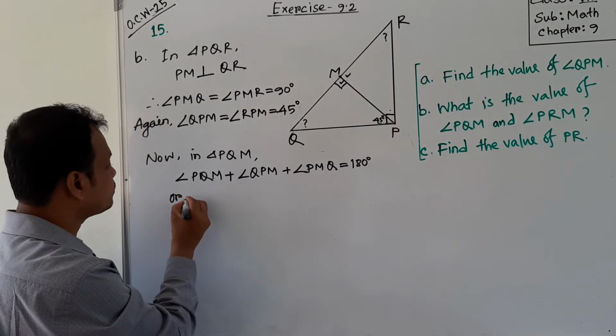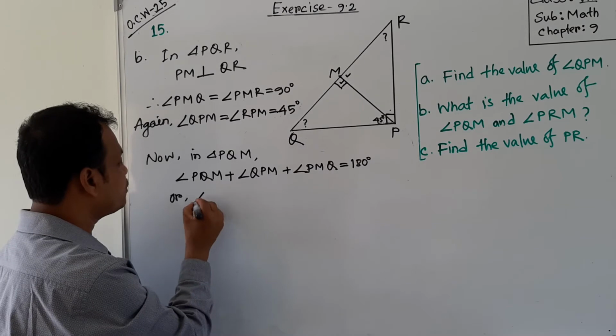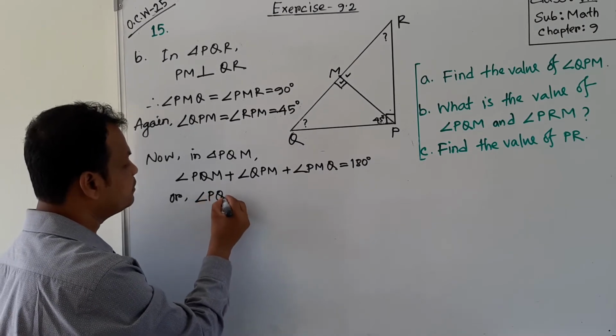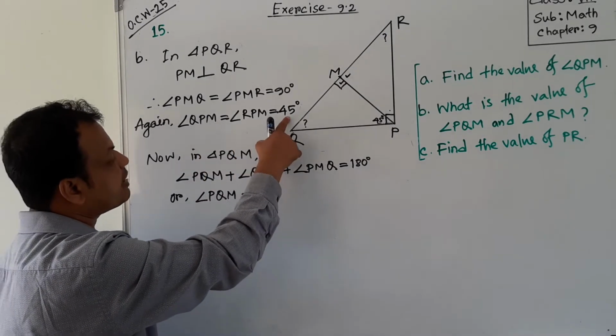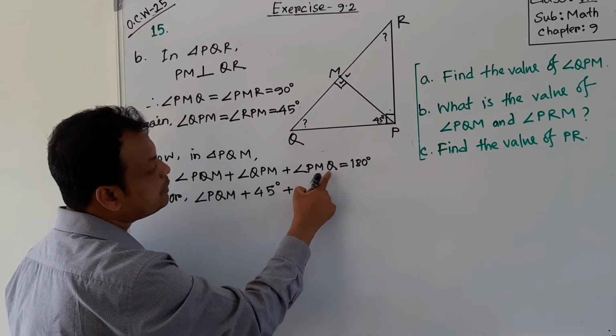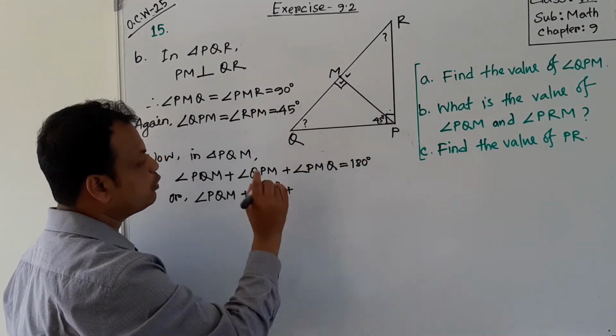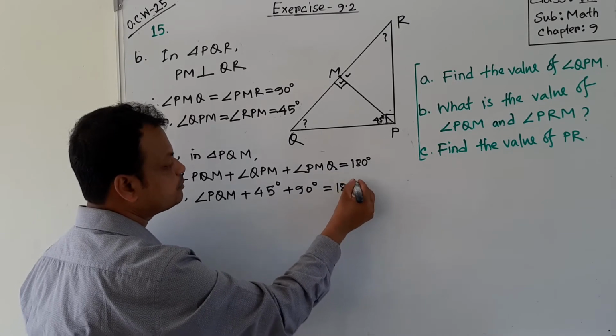Now we have to find the value of angle PQM. So we don't know the value of PQM. It will remain the same plus QPM. QPM is 45 degrees. So put 45 degrees instead of QPM plus PMQ. PMQ will be 90 degrees equals 180 degrees.